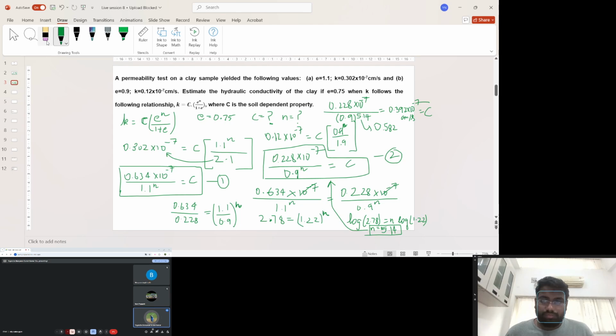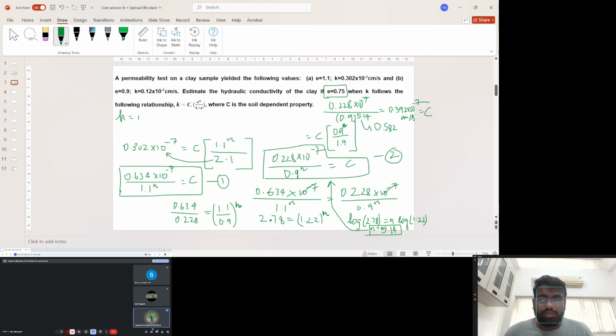Now substitute this value of C and n in this expression for the void ratio of 0.75.